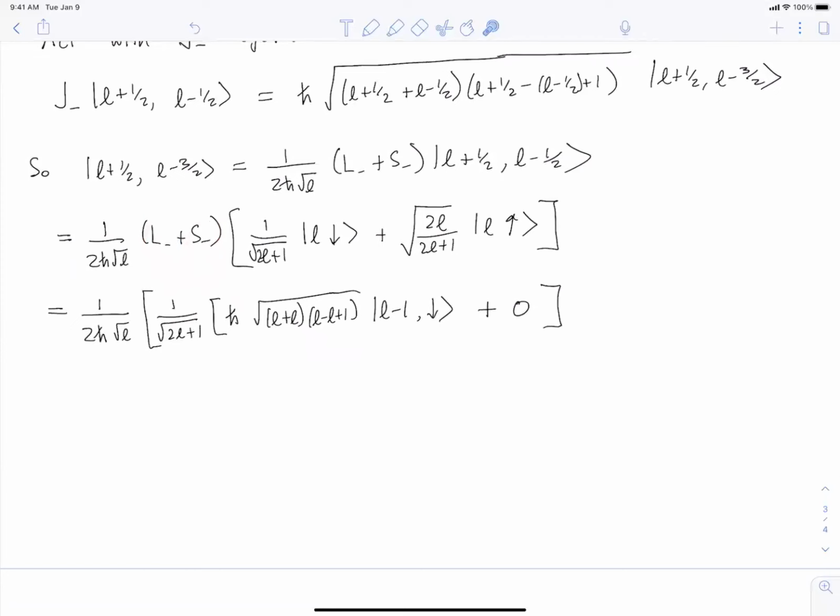Okay, and now we need to do the same sort of thing for this part.